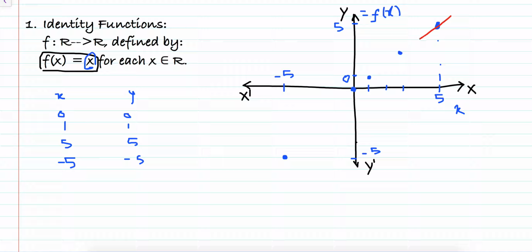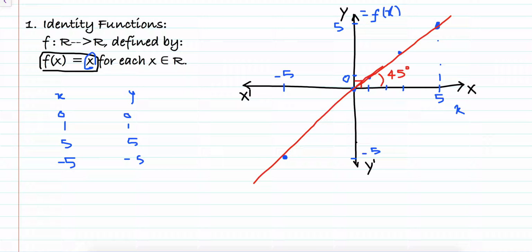And now we will join these points. So it will be a straight line at an angle of 45 degrees. So this angle is 90 degrees. It exactly divides these two lines in the mid.